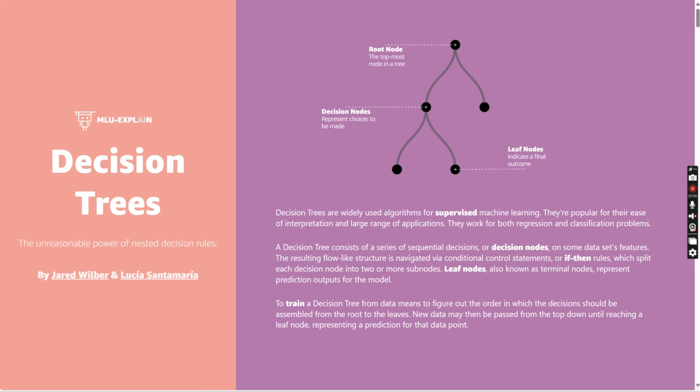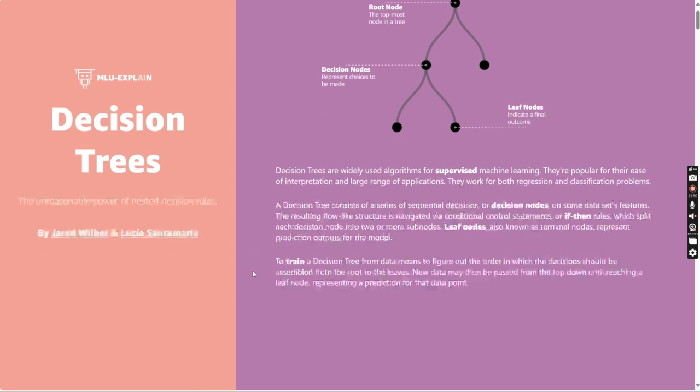A tree can have multiple hierarchical decision nodes, and the last layer of nodes that form are called leaf nodes. So they are the final outcome. The center ones are decision nodes, where a certain decision was made, and the top one is the root node. Okay, clear? Very simple.